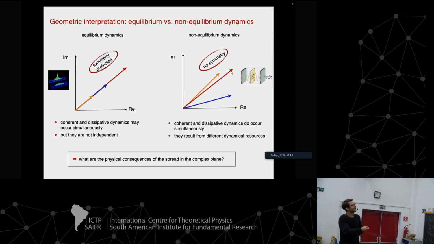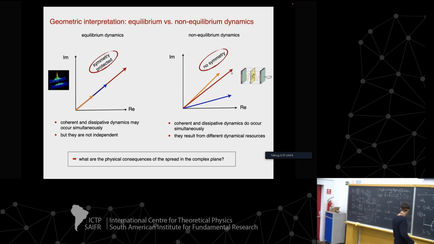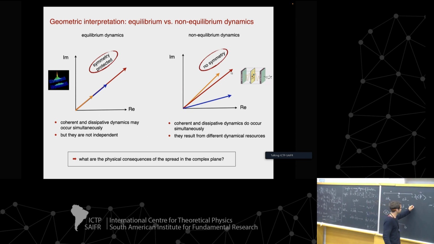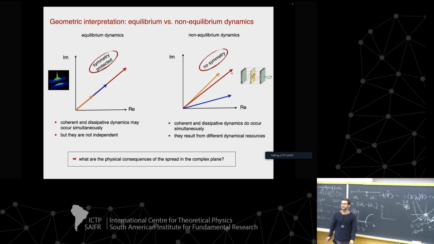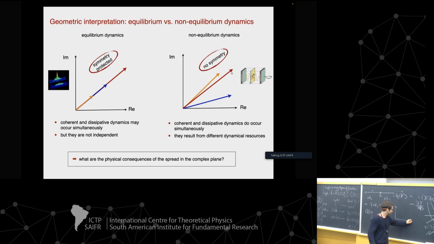And I can give you an intuition for that. The reversible and the irreversible dynamics in an equilibrium problem are just not independent from each other. So imagine we start from a system that is microscopically totally reversible.